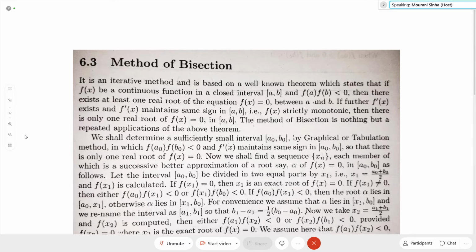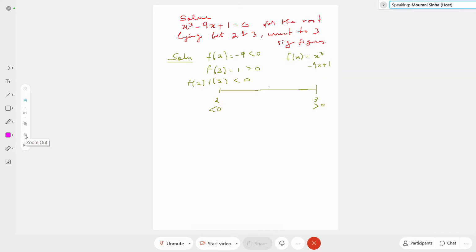Have you got it? So we have said that f(2) times f(3) is negative. One is positive, one is negative. So we have confirmed from the question just now that the root lies between 2 and 3. We are just confirming what is given in the question.